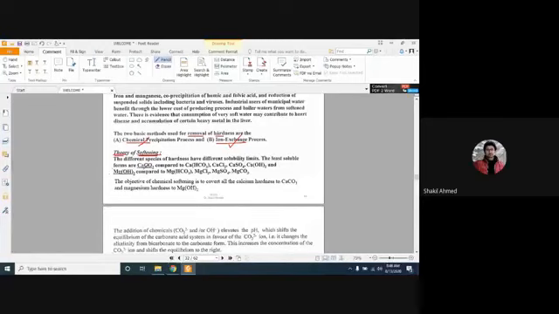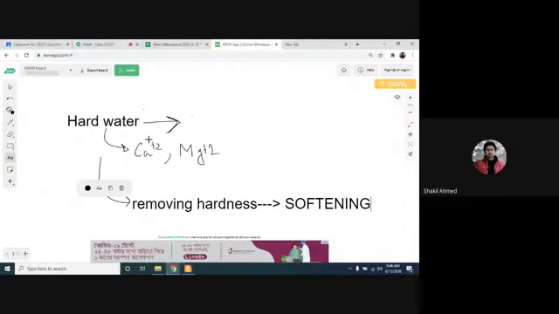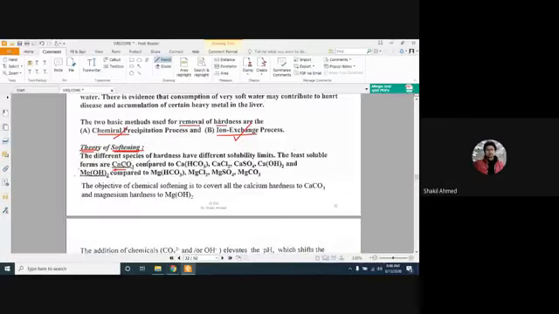This calcium can be of many forms. Guys, can you see? Yes, sir. This calcium ion can be in different forms in water. Okay, what are the forms? Calcium carbonate, calcium bicarbonate, calcium chloride, calcium sulfate, calcium hydroxide.